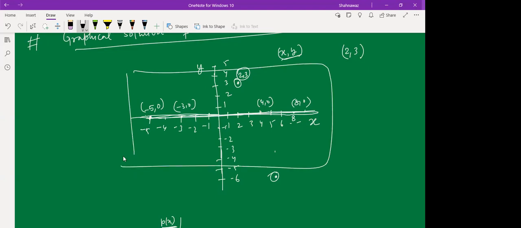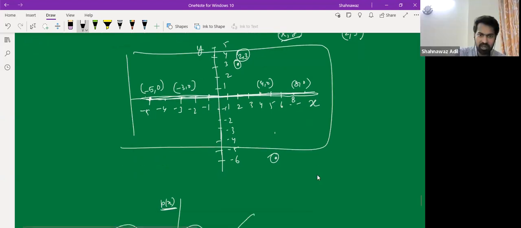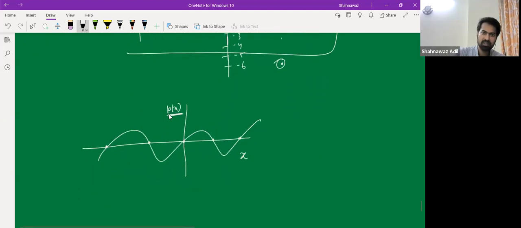So similarly, in this case, this is p(x) and this is x. So p(x) is varying like this, right? And at this point, the value of p(x) would be how much? 0.